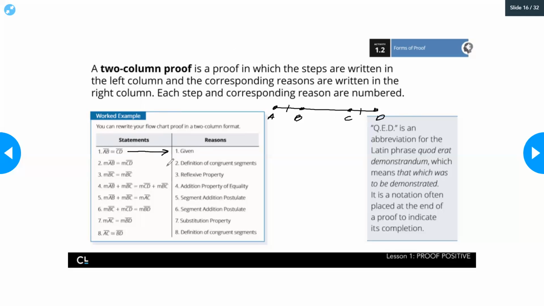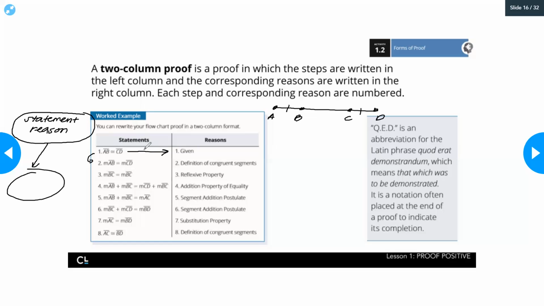As we saw in the flowchart proof, it's kind of like if we have this left to right motion going, your flowchart proof looked like it had one bubble with the statement and your reason all in one bubble. But here we're seeing it as a statement on the left, reasons on the right. And then as we go down, that's kind of like when you take your bubble and go to the next bubble.